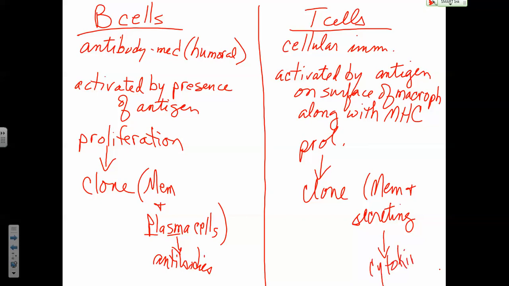They're just not antibodies. Okay, cytokines do a whole lot of different things, but what they secrete affects a cell directly. Okay, it affects cells directly. Like it may cause a cell to divide more, like other B cells and T cells.